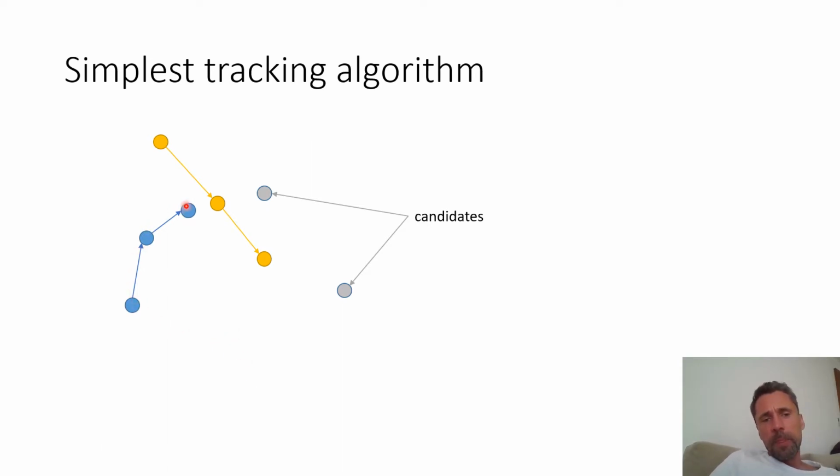So first, let's think of two objects given, and we already know that detections belong together here, and now at time t, which probably is this position for the yellow object and this position for the blue object, we have two possible candidates.